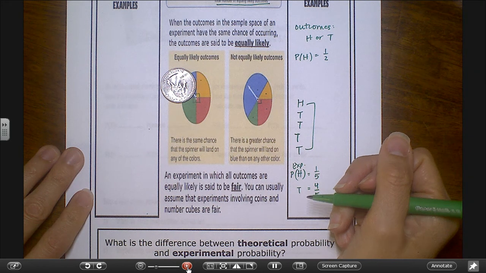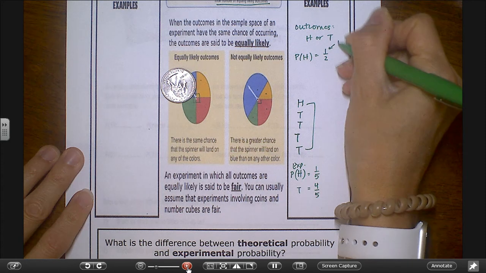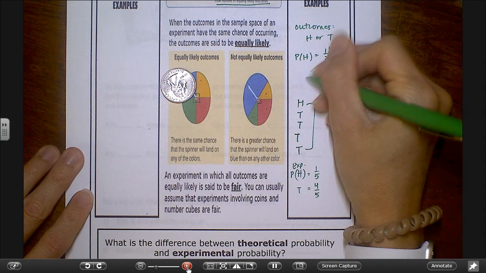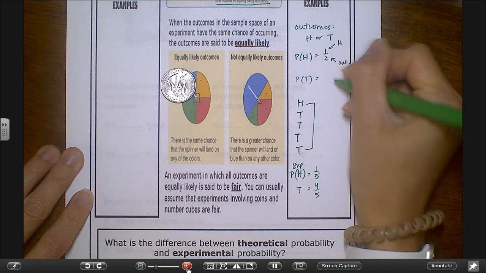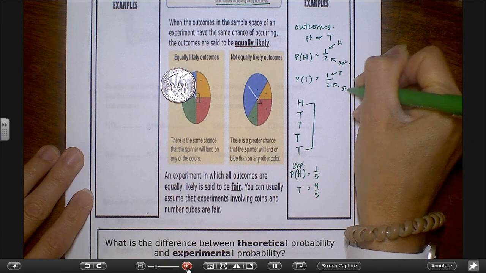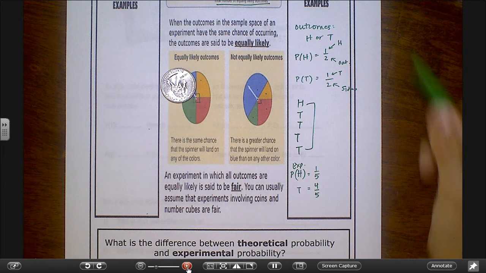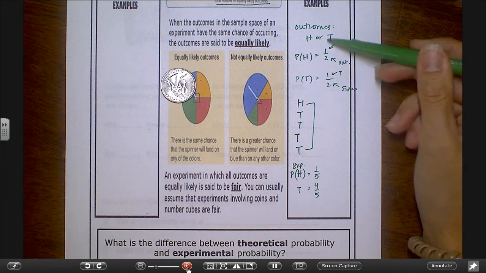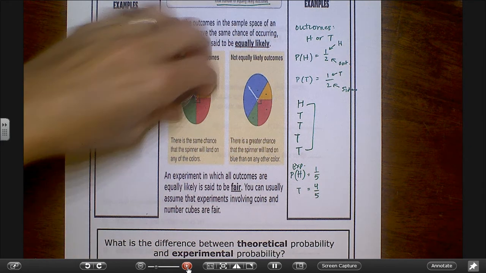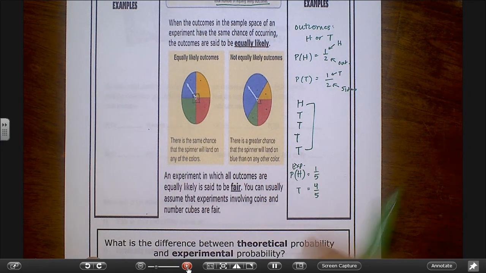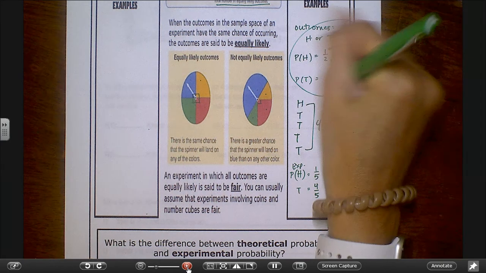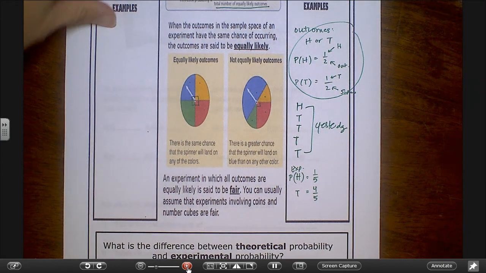Because 1 way to land on heads, 2 outcomes possible. And then the same thing for tails. The probability to land on tails should be 1/2. There's 1 tail out of 2 sides. So if you look at this, a theoretical probability of 1/2 is way off from the experimental probability. And that often happens. All right, so experimental probability, that was yesterday. This is today.